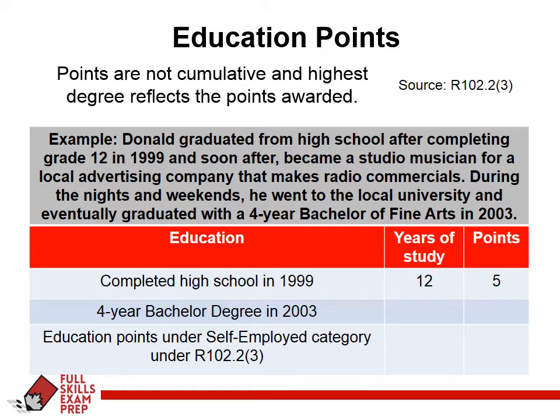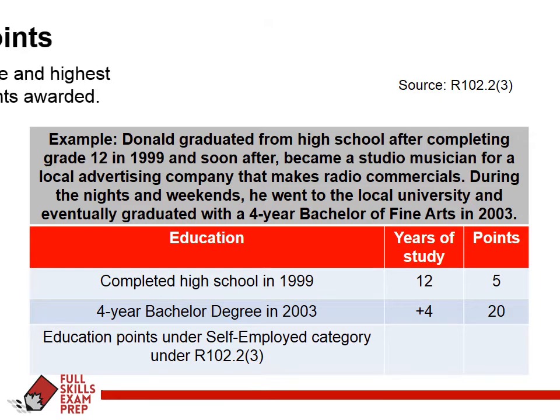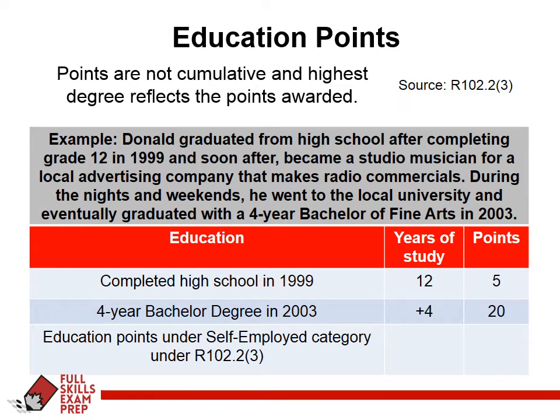He finished grade 12. So that would be the 12 years of study at 5 points. So we can see that Donald finished his degree, his 4-year degree. So that would bring his total years of study up to 16. And with this, we can see that he gets the 20 points for having the bachelor's degree as well.